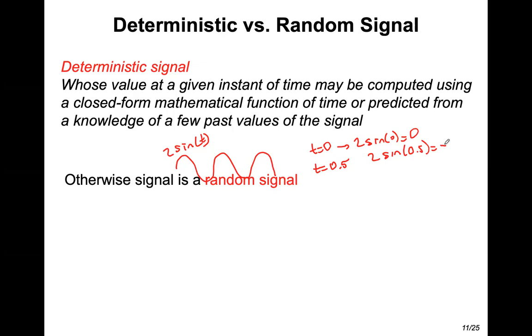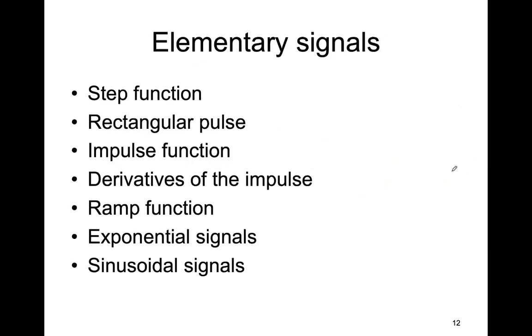So this is a random signal example. And noise, like you will be seeing in your signals, these are random noise, and you will not be able to understand, predict or calculate what the value is for like 10.2 seconds. We don't know it beforehand. So it's a random signal.